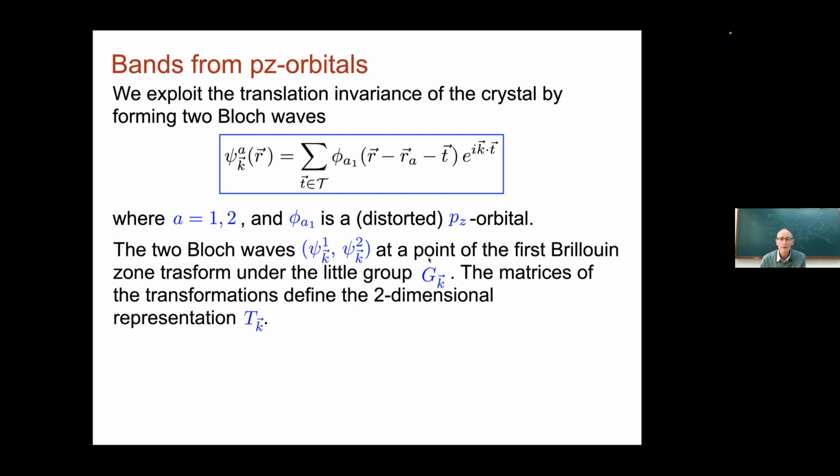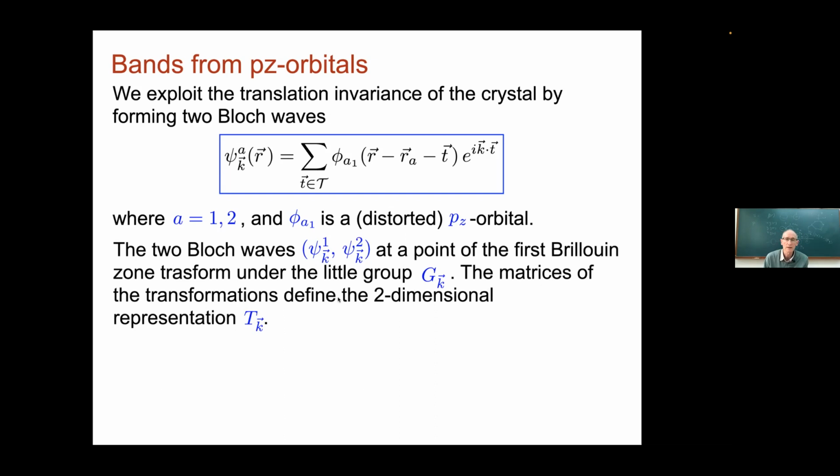These two Bloch waves, at any point in the first Brillouin zone, transform under the corresponding little group, because since the little group doesn't change k, the only thing that it can do is that this becomes a linear combination of these two. The corresponding 2x2 matrices are the two-dimensional representation that we are going to call capital T sub k. So at each point in the Brillouin zone, there is a two-dimensional representation.